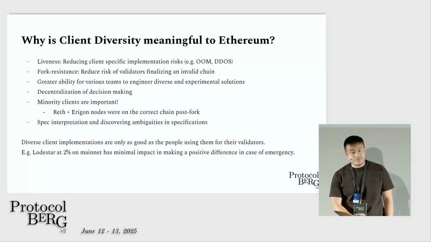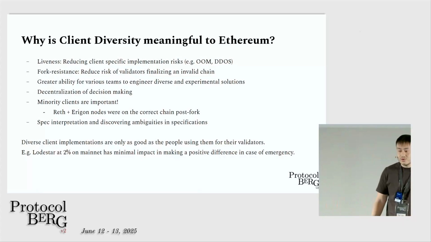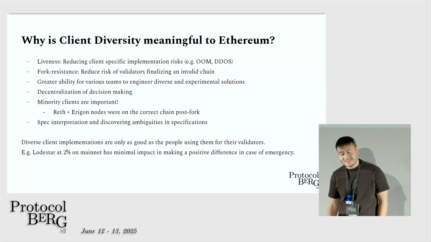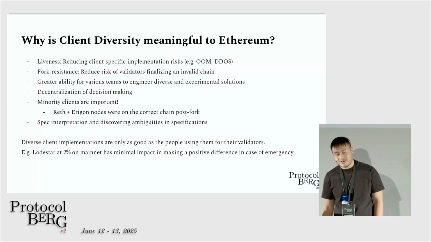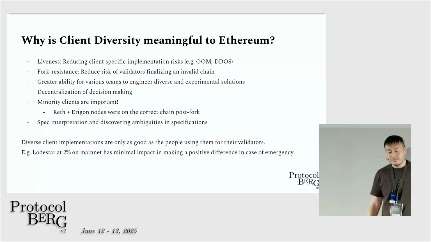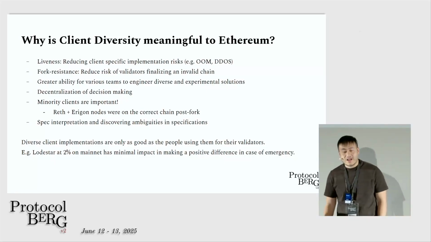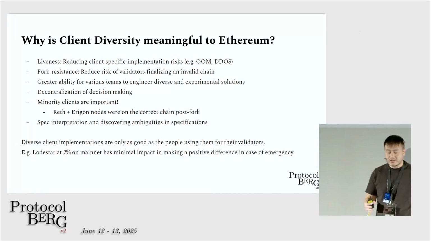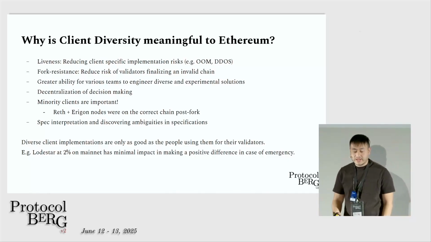Decentralization in the decision making. As a majority client, you can almost say you de facto control what the spec is because the majority of people are following that implementation. So by having client diversity, you also help with the diversification of decision making.